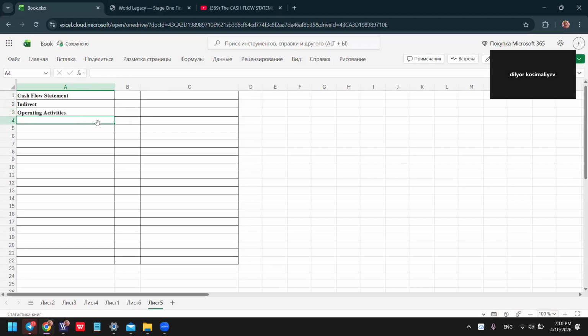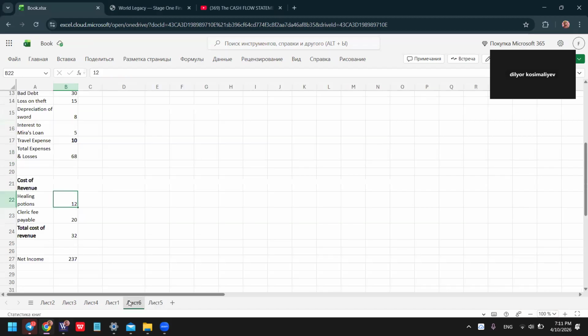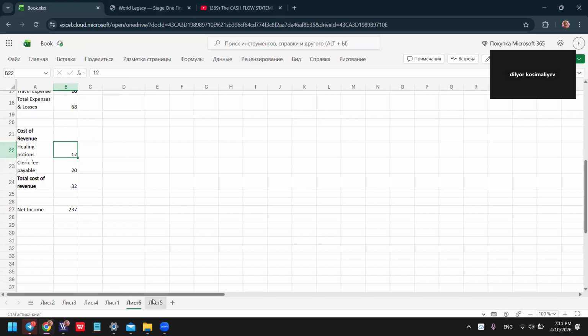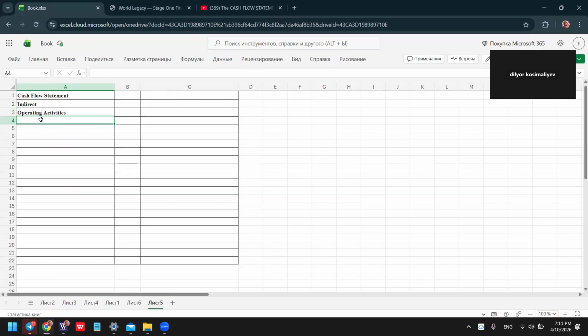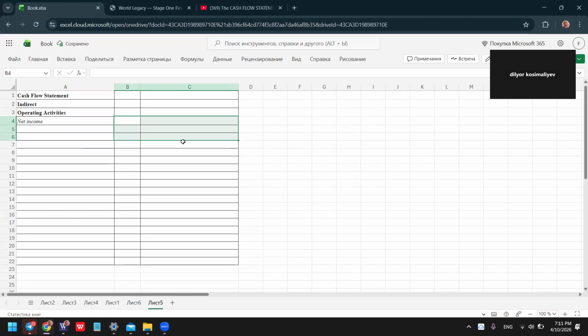Also, in the indirect method, we will be needing our net profit from the income statement, the net income, and we will be adjusting our net income into cash flows.